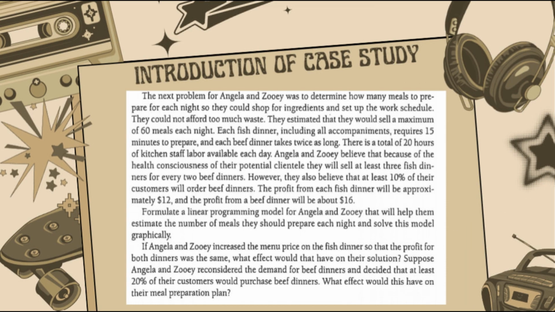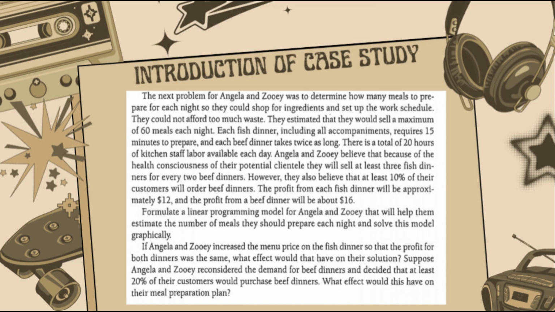So I would like to talk about the introduction of the case study. Let's take a look at this case study. For the information given, Angela and Zoe need to prepare 2 types of dinners, which are fish and beef.